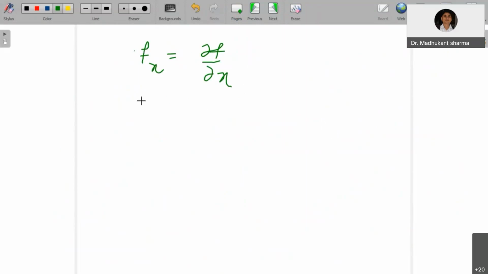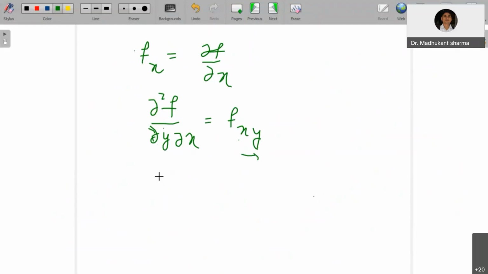Then how do I write dou f by dou y dou x? There are various ways, looking left to right or right to left. In your words, f x y for the textbook is first with respect to x, then with respect to y, left to right.